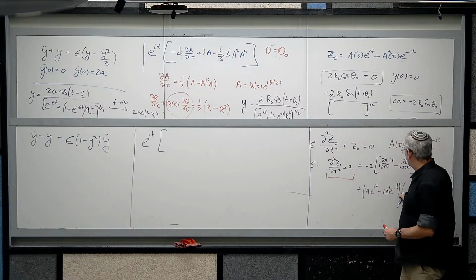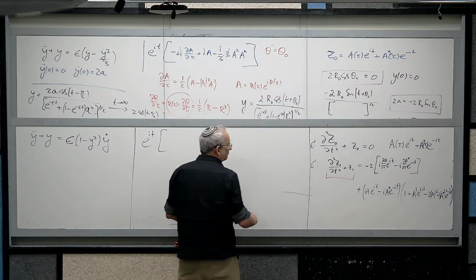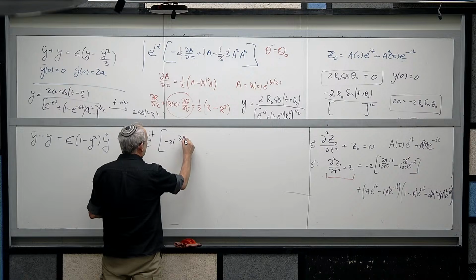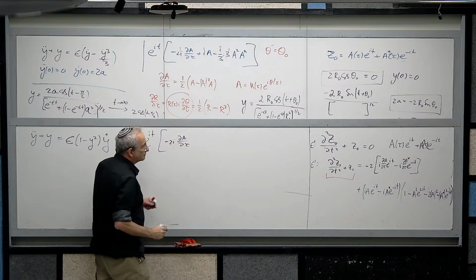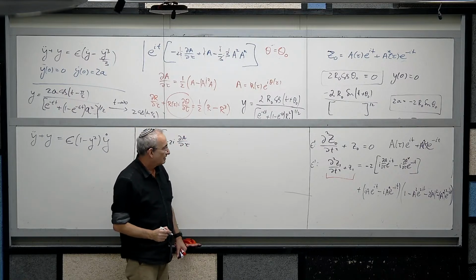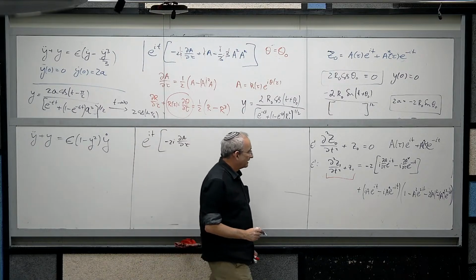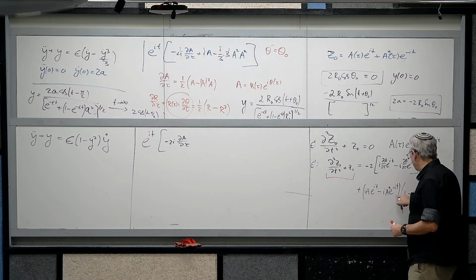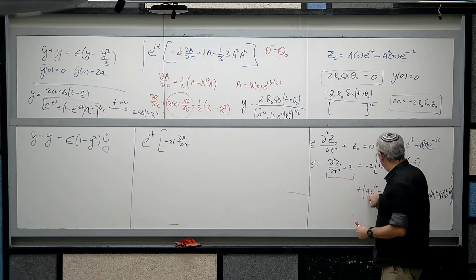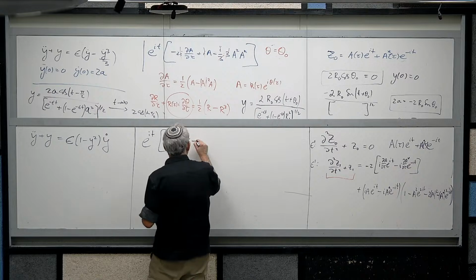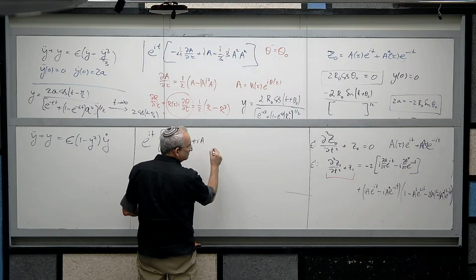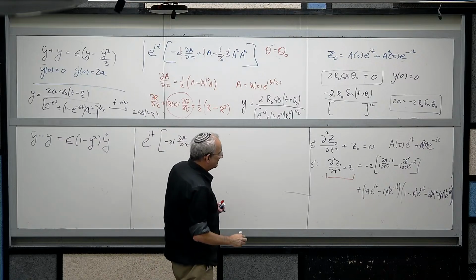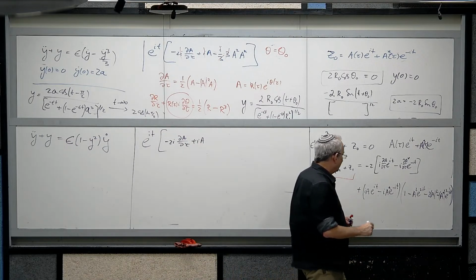Okay. So, e to the it, what are the coefficients? Minus 2i dA over d tau from the first thing. Plus A. And now we have to collect the garbage. So the 1 will give me plus iA. Plus iA. That's it. And now minus y.